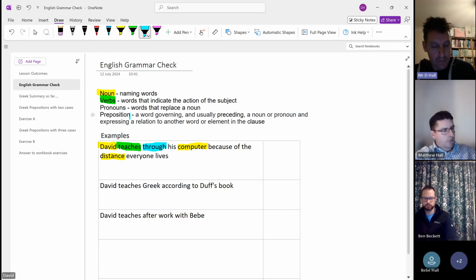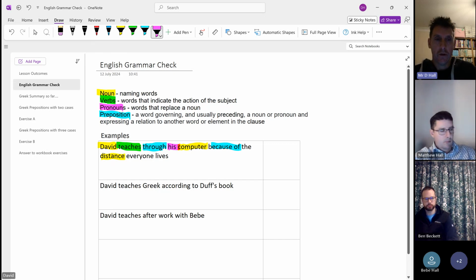So the preposition in this case is through the computer, and the expression because of is quite an interesting word that's used in lots of different ways, particularly in Greek. It's giving you some relationship of the distance in the sentence to whatever else we're doing. So we'll find that it's used in Greek as a preposition. And then the pronoun, with his and so on: it's my computer.